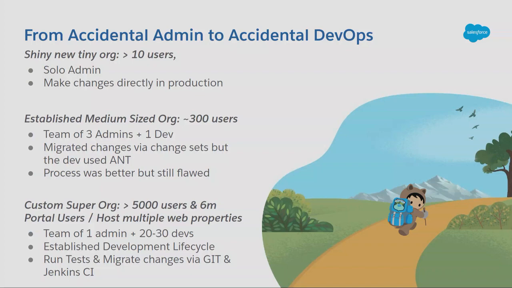While it made things better, the process is still flawed, right? Not every sandbox has all of the same configurations made in it. There's a lot of drift between all of these different environments. So there was just a lot of conflict, and it was very challenging.